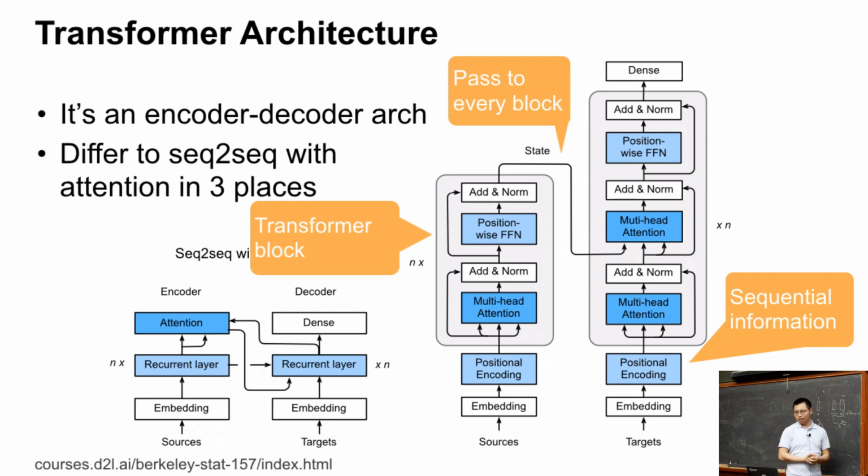You can see that for the source items, we put them into embedding and then into n repeated blocks and get the state. The decoder has another n repeated blocks, another encoding layer and embedding layer, and at the end we just have a dense layer to get the output. So the transformer is actually an encoder-decoder architecture. Okay, any questions so far? Yeah.